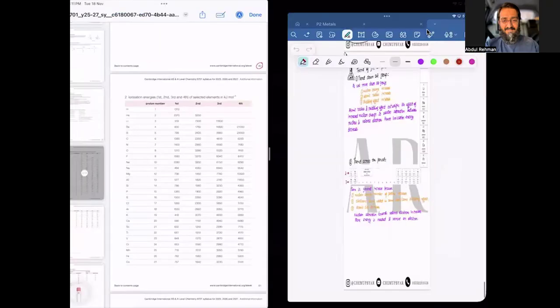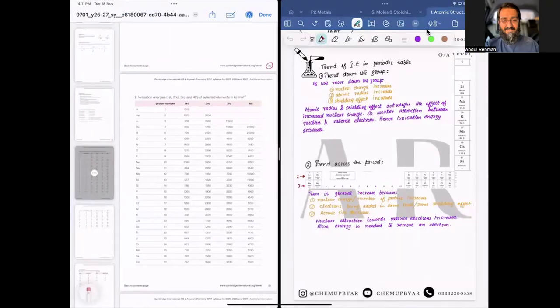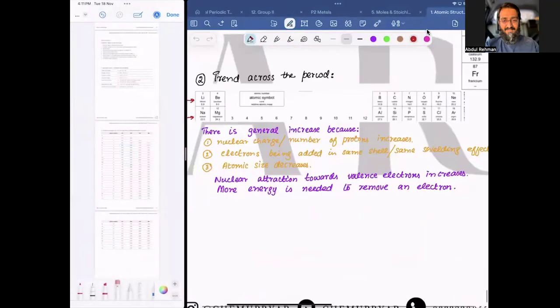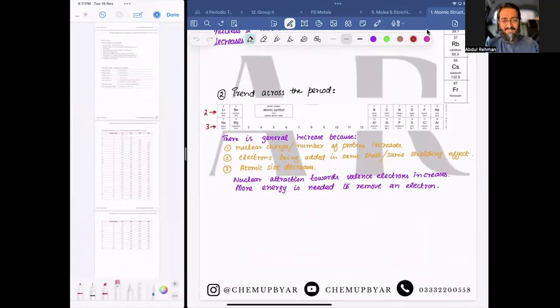Okay. So in the last class, we have completed till here, right? The general trend that we discussed is that across the period, from left to right, the ionization energy increases.